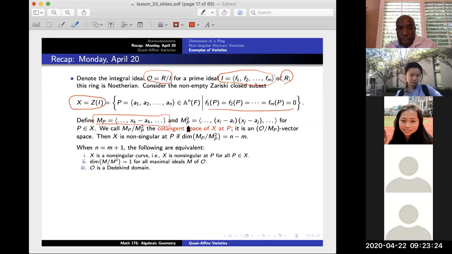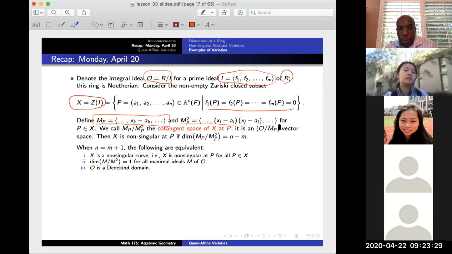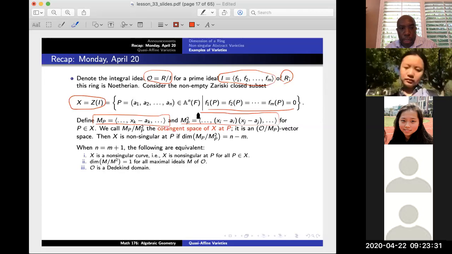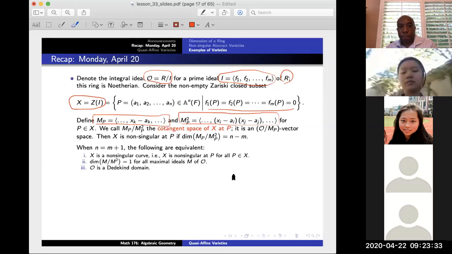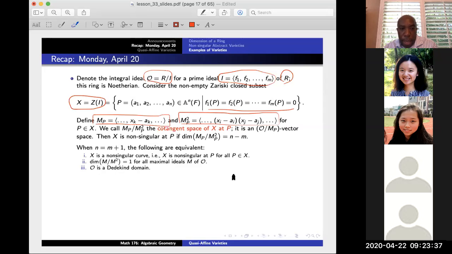I can take a look at the square of that maximal ideal. So now what we're doing is we're looking at the ideal generated by the following products: xi minus ai times xj minus aj. So there are n choose 2, actually they're a little bit larger than that, n choose 2 plus n number of such polynomials.